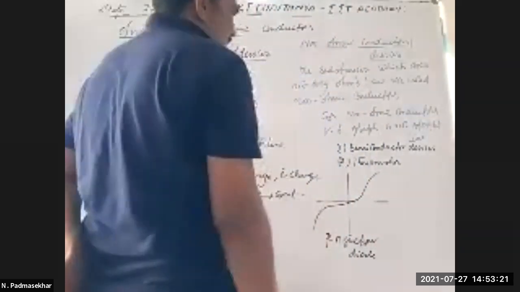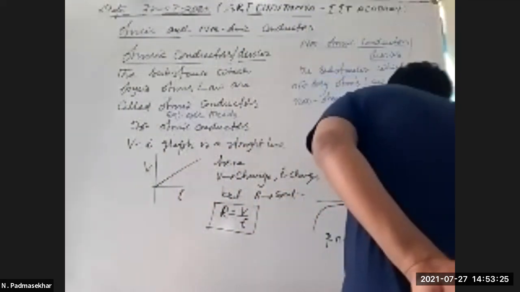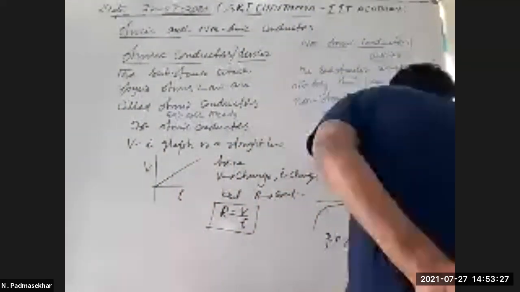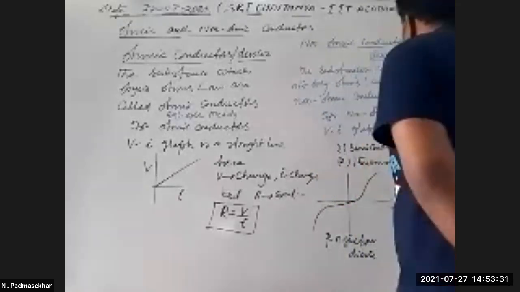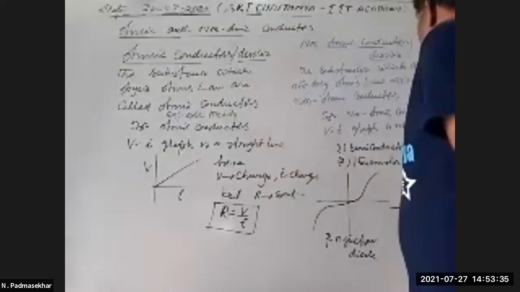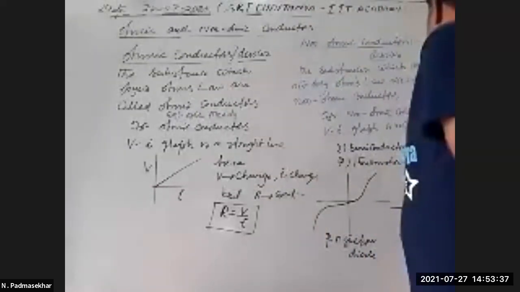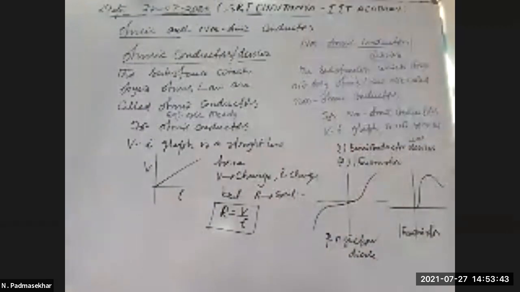For the thermistor, the graph is like this. So these are the non-ohmic devices. Okay.